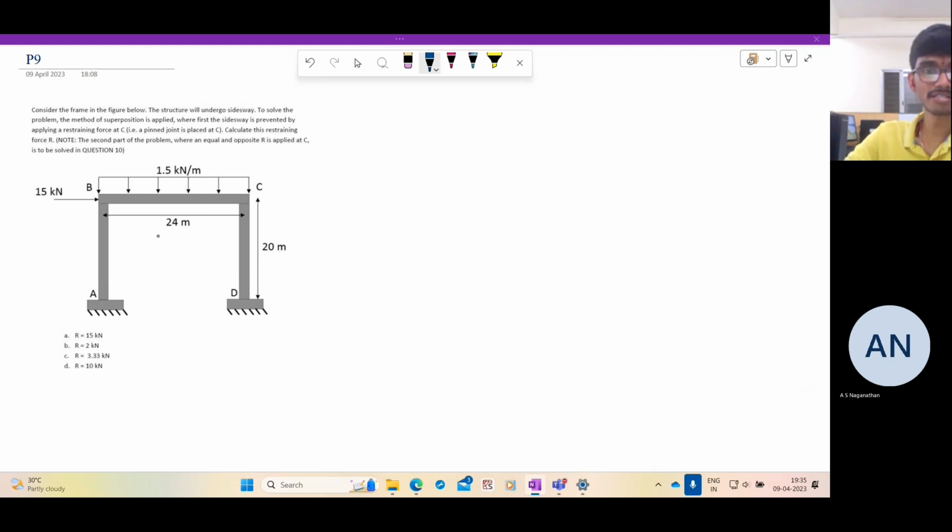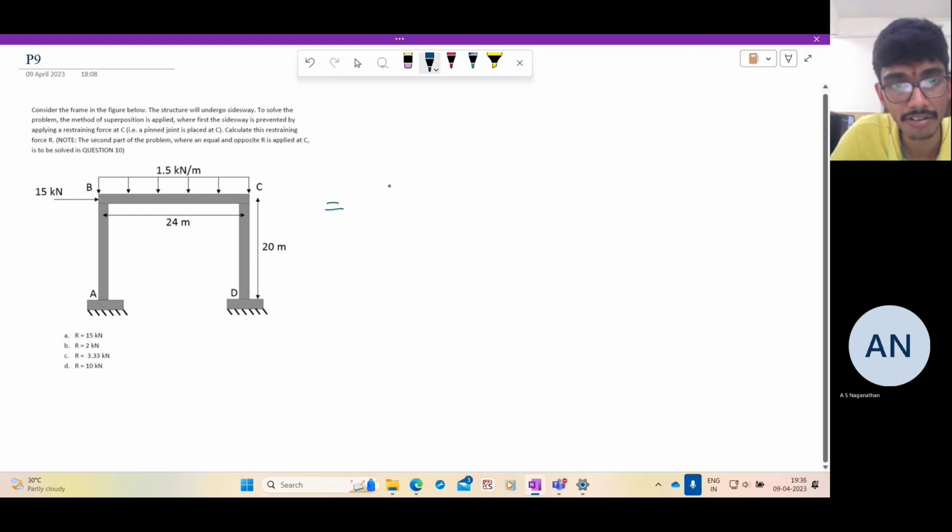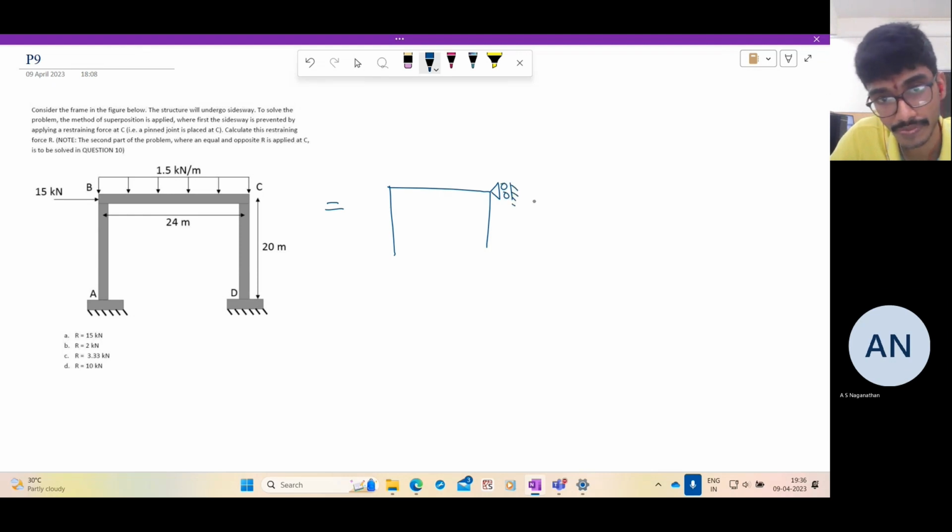And in the presence of a side sway, as I already said, we have to split this problem into 2 parts. One moment distribution where the side sway is restrained by a support. So this is one problem. And the other problem is we actually don't have a support.